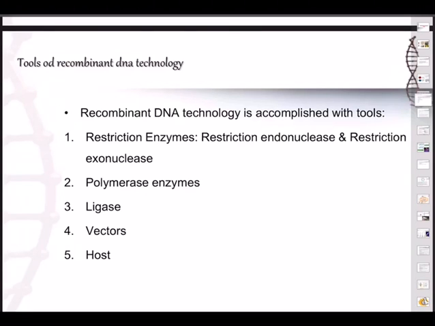So ligase is a must. And fourth, vectors. Somebody should be there to transfer this plasmid into the host, and the host also has to be a suitable host. So if we have all these tools, then only will recombinant DNA technology happen and we will achieve whatever results we need.